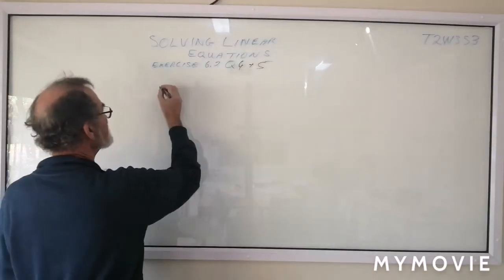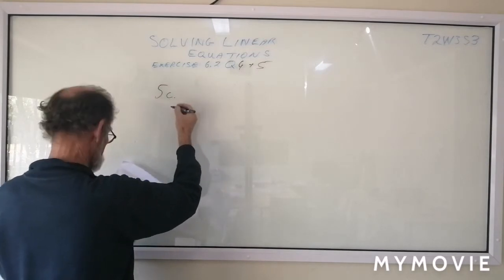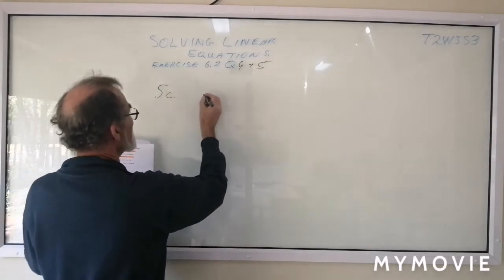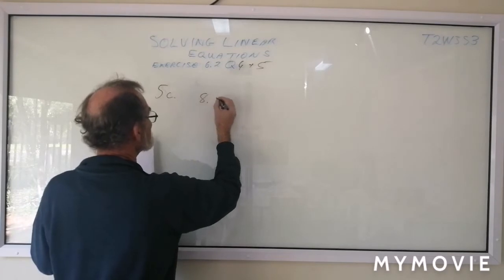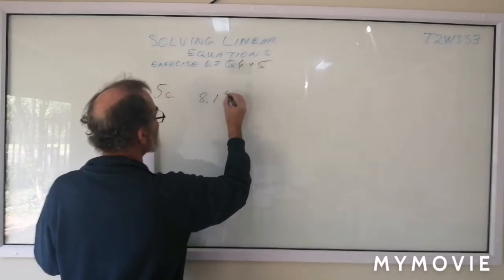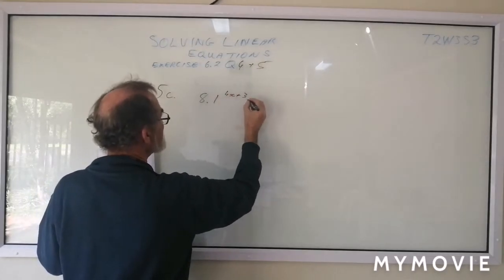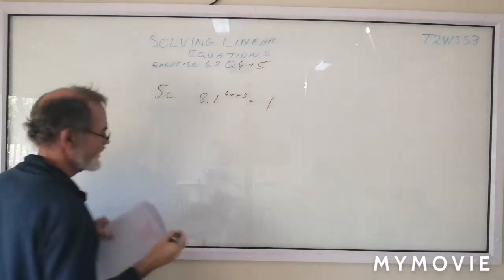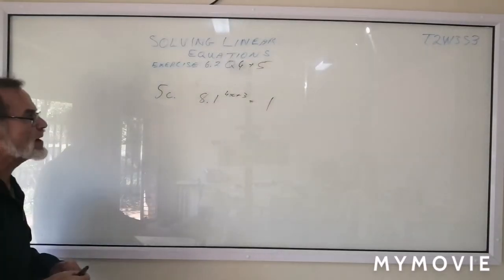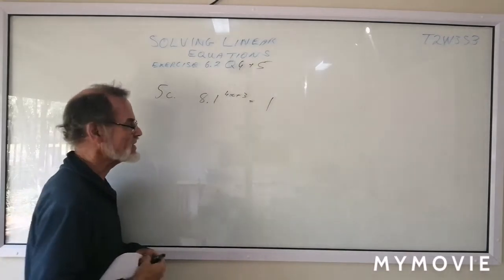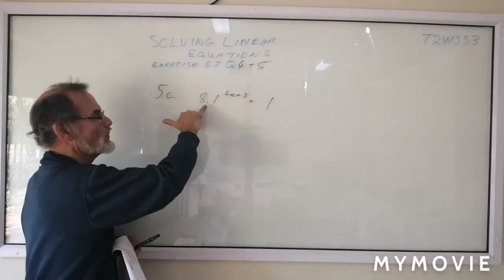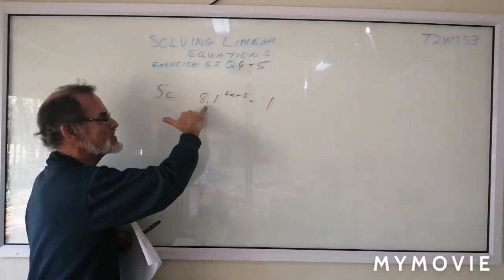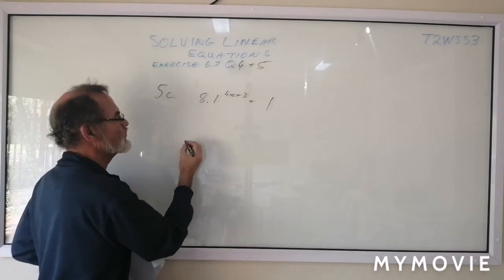5c is 8.1 to the power of 4x plus 3 equal to 1. Okay. Now I was very confused by this because there is a practice of writing a times sign with a point.